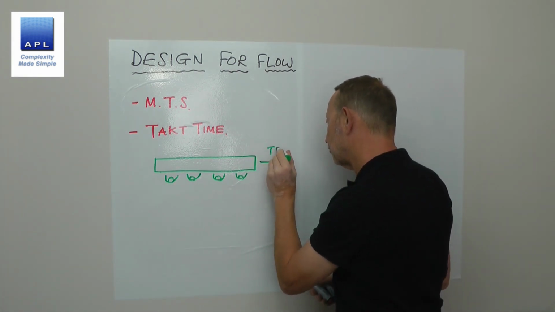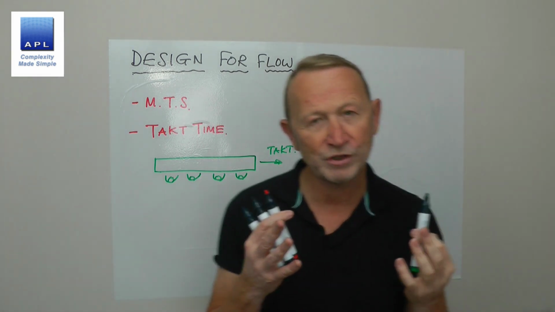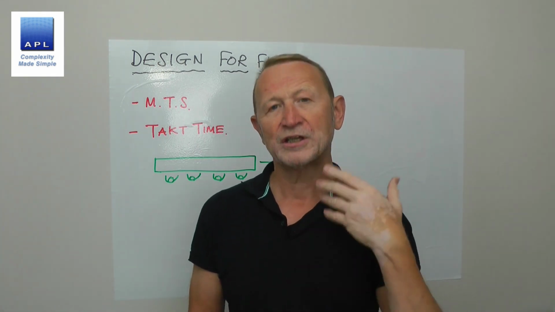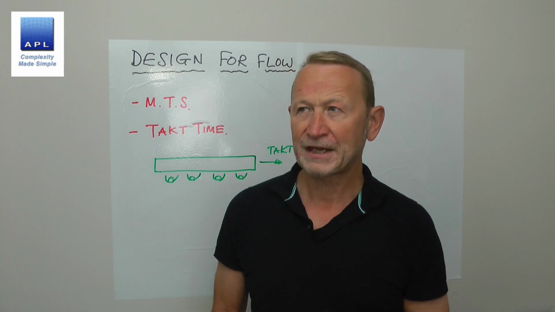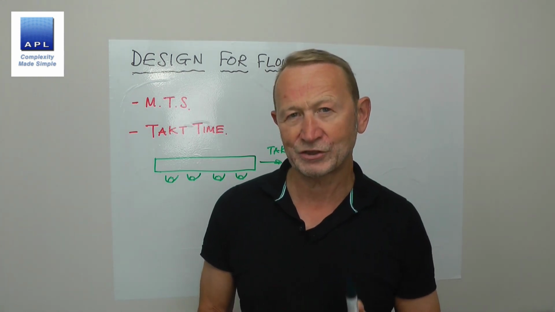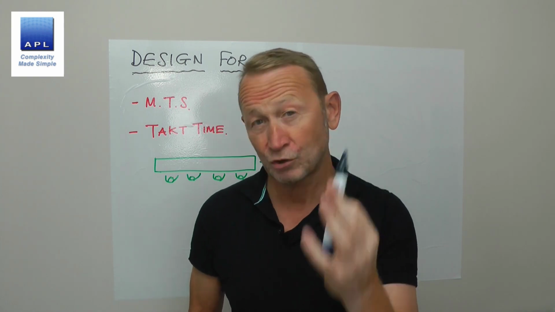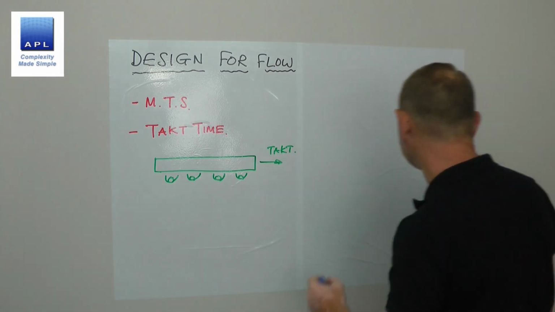They need to produce at takt. And of course, in order to do that, we need to create a line balance so they all have the same amount of work. Well, that's the theory at least, but in practice, it's probably not going to work quite like that. And here's the advice about doing a line balance.